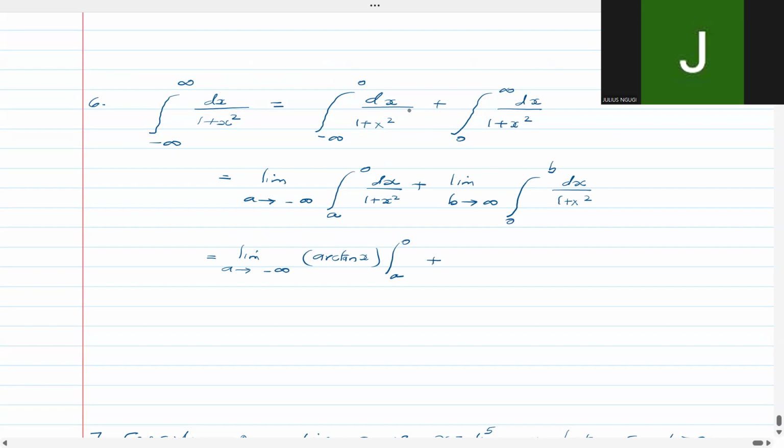And the other part, same thing, we have the limit as B approaches infinity, arctan again of x, and you have the limit here from 0 to B. So this will become the limit as A approaches minus infinity, arctan of 0 minus arctan of A.